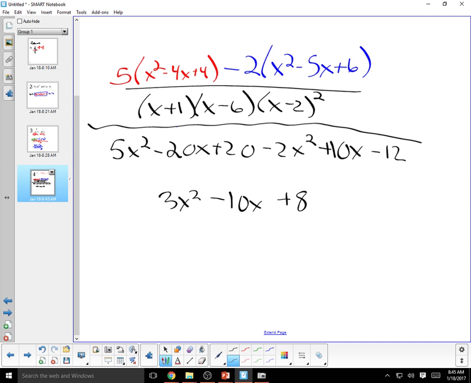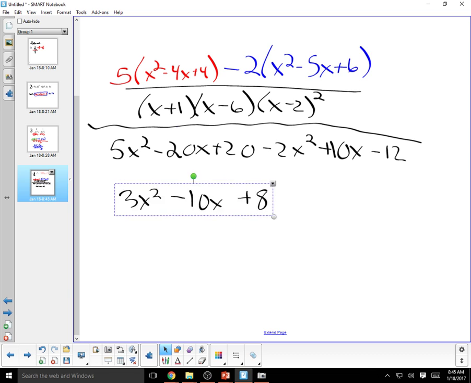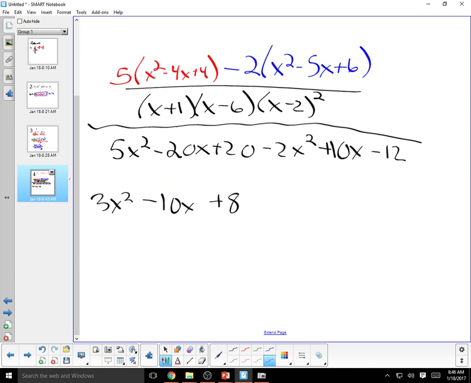Is that factorable? Let's check. What's 4 times 3 times 12?